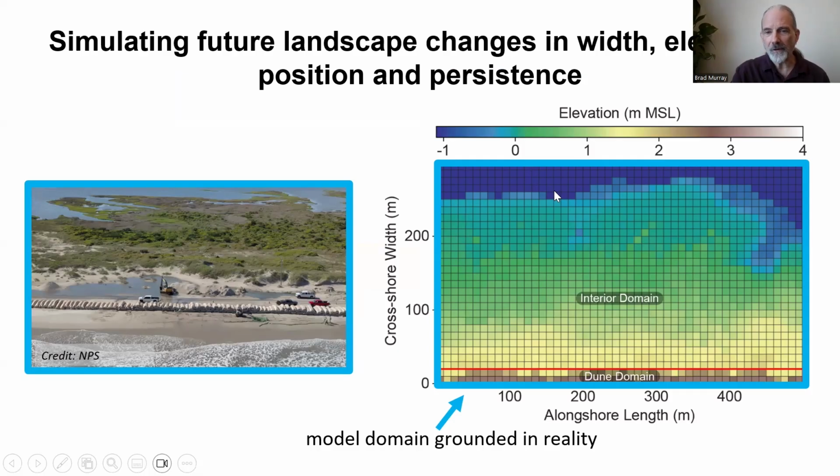So blues are below sea level and browns show the dune line. And an important point here is that with this kind of a model framework where elevations are represented relative to sea level, representing sea level rise means that all the elevations tend to decrease over time, just decreasing relative to sea level.